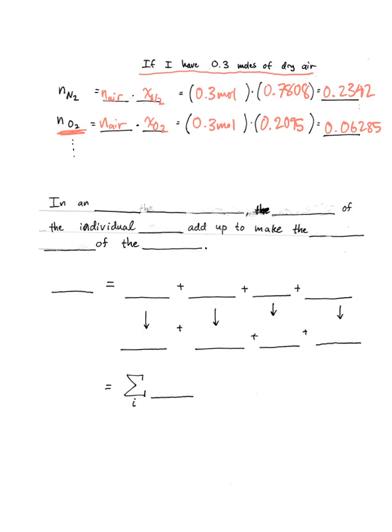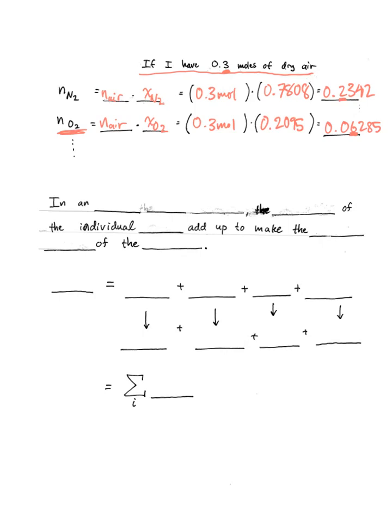And we probably ought to watch out for sig figs as we're doing these problems. And since I have only one sig fig here for the moles of air, then I really ought to underline these digits right here in order to indicate that that's the proper number of sig figs that the answer should have.